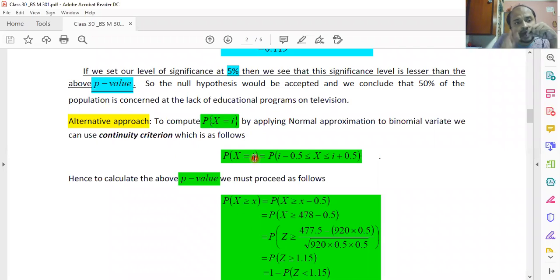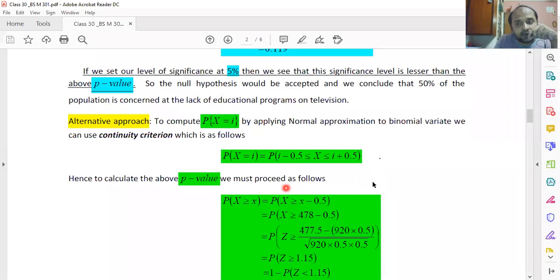Probability of X equal to i by continuity criteria is probability of X lying between i minus 0.5 and i plus 0.5. So here, if we are concerned about probability of X equal to 478, then you can make it continuous by using the continuity criteria.